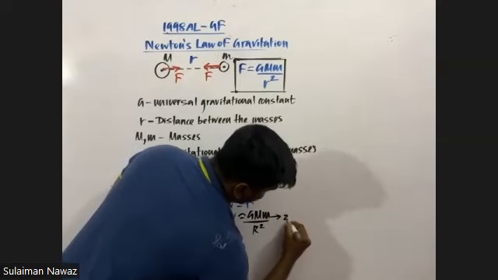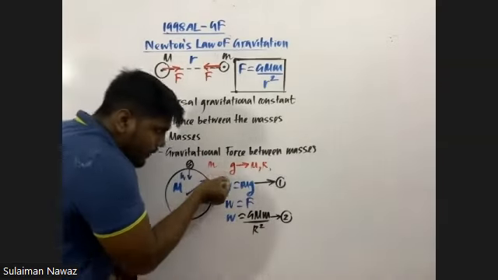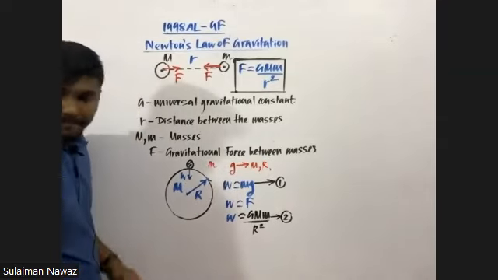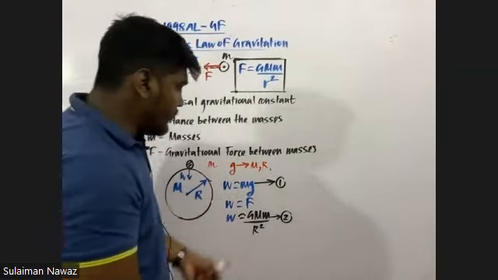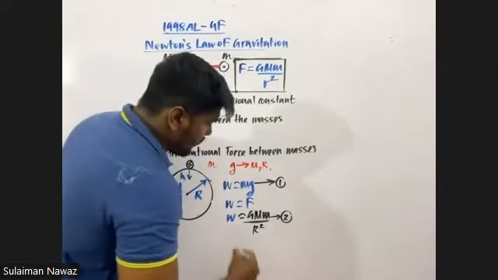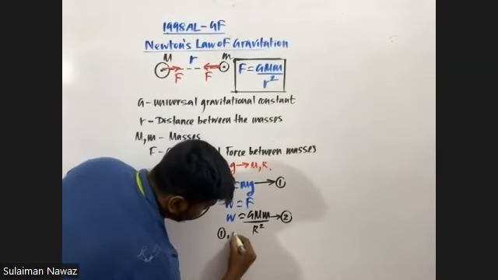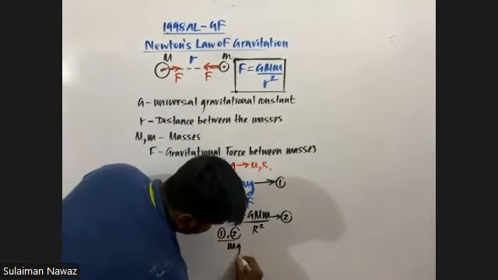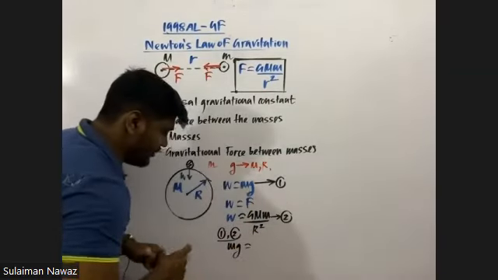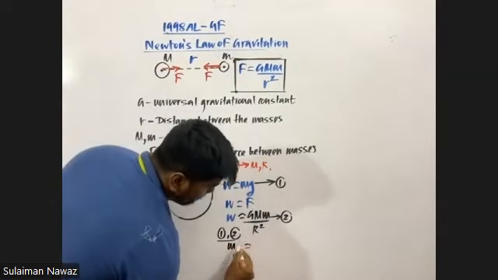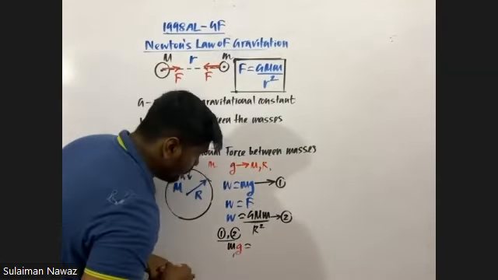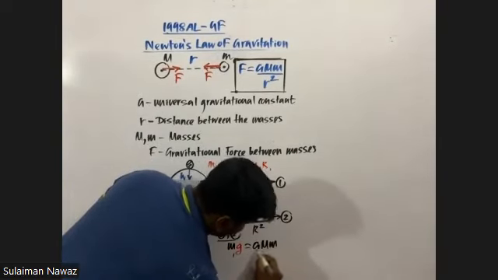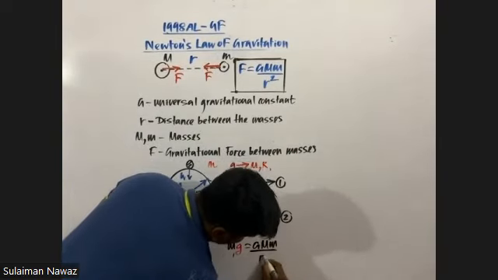This is your equation. Now my goal is to find gravitational acceleration in terms of capital M and capital R. From equations 1 and 2 we can write down mg equals G capital M simple m over R squared.